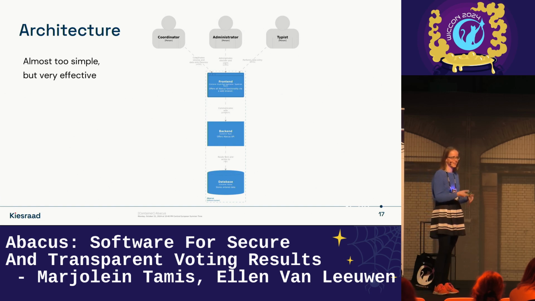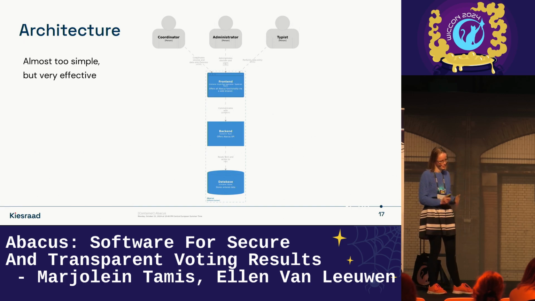That means taking a report, adding all the numbers into the software, and solving issues as they might come about. All these users will interact with the TypeScript React frontend via the web browser, and the frontend will communicate via a JSON REST API with the backend, and our backend will read and write data from our database, as a standard system.